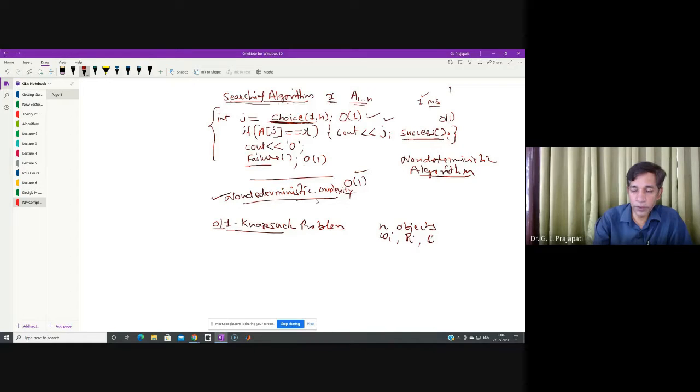You can hold this kind of item. And what you are going to do is maximize the objective function, which is the sum of pi xi for i from 1 to n.